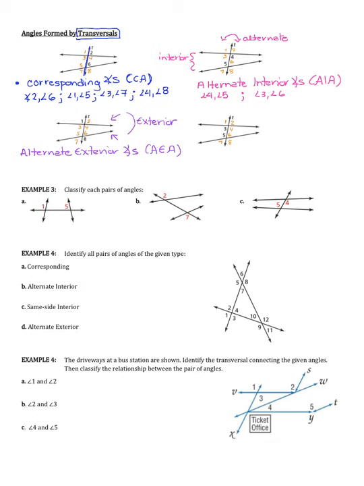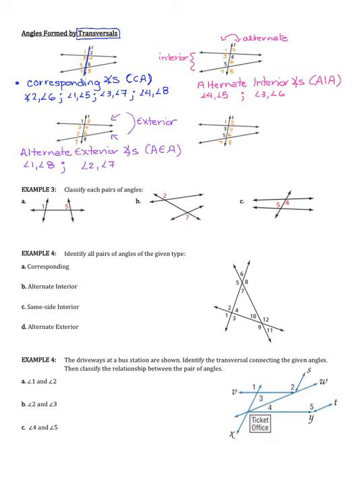And the same concept of alternate sides of the transversal. So we can see in black that we have angle 1 and angle 8. Those are both exterior to the two lines and on alternate sides. And you have one more pair, which would be angle 2 and angle 7.